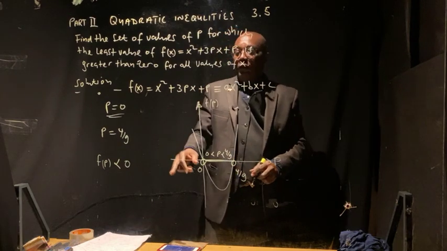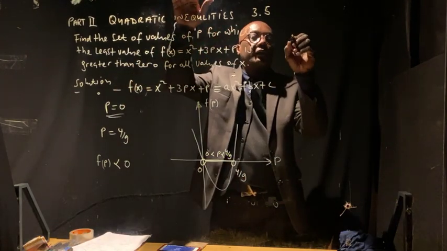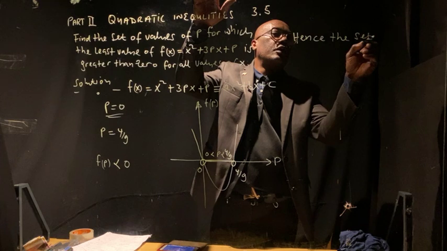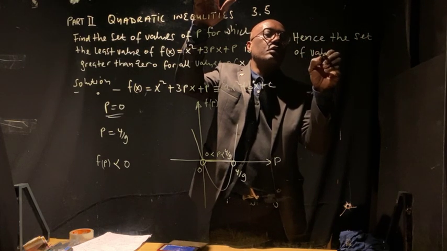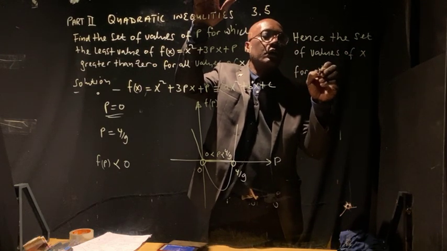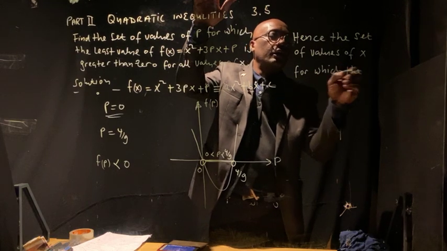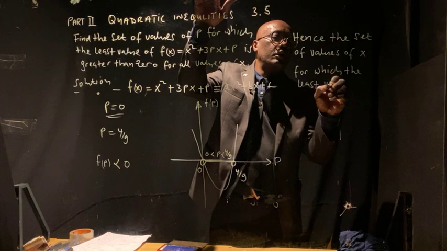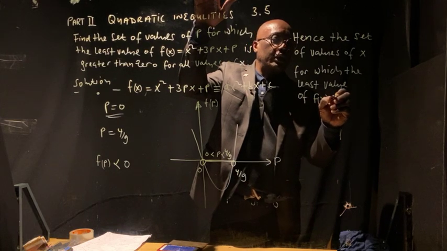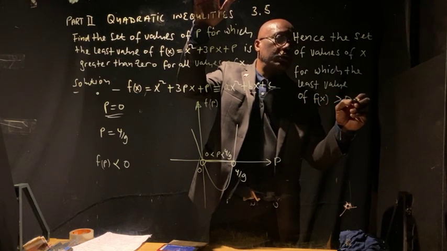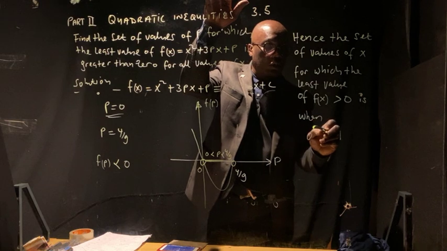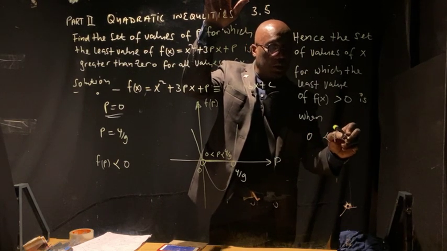Now, we are saying that hence the set of values of x for which the least value of f of x is greater than 0 is when 0 is less than p is less than 4/9.